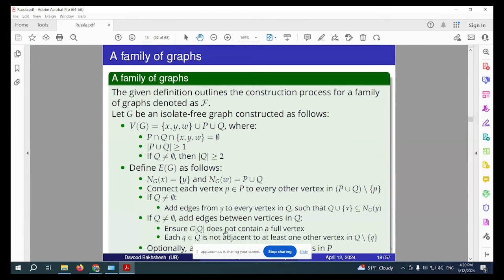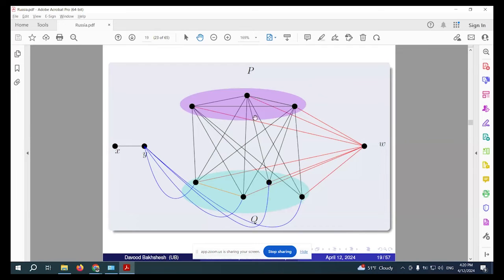We ensure that G[Q] does not contain a full vertex, and each vertex q in Q is not adjacent to at least one other vertex in Q minus q. Optionally, we add edges between Y and P. This completes the construction of the graph G, and we add G into the family F.